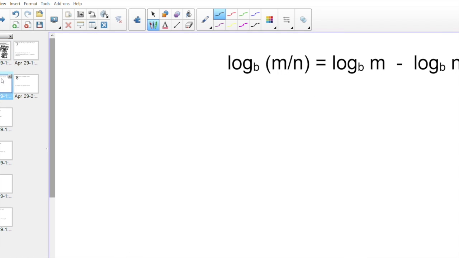Mr. Napier's division says if you're taking the logarithm of division, then you would take the log of the top number, meaning the numerator, and subtract the logarithm of your denominator. That's the process that we're going to do now.